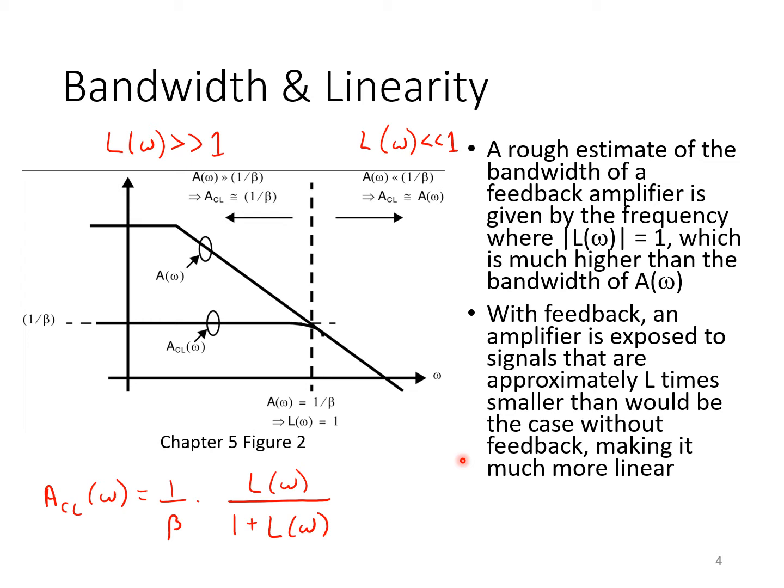So in a sense, the amplifier as a whole starts looking more and more linear. The feedback network may be exposed to large signals, of course, but since it's another reason why we're going to generally implement it as a simple passive network, making it linear even over very large signals.